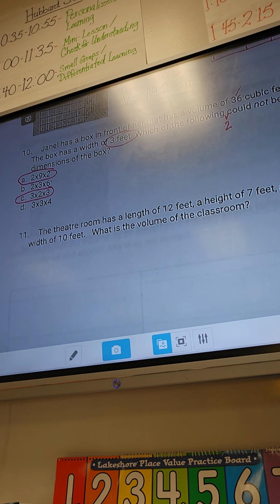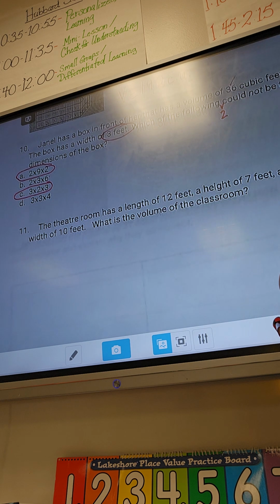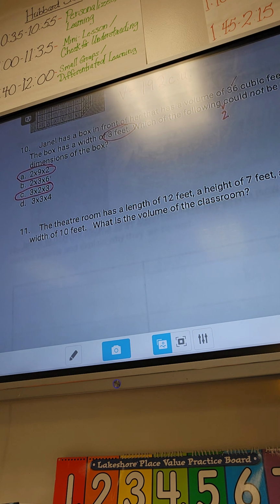Okay, questions? No. Nope. All right, number 11. The theater room has a length of 12 feet, a height of 7 feet, and a width of 10 feet. What is the volume of the classroom?